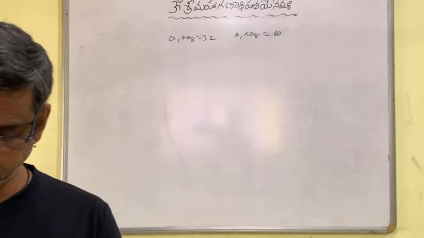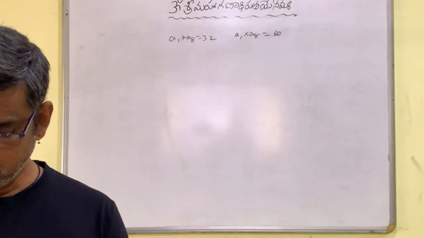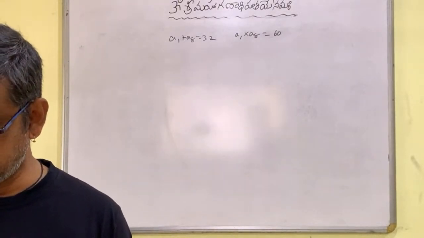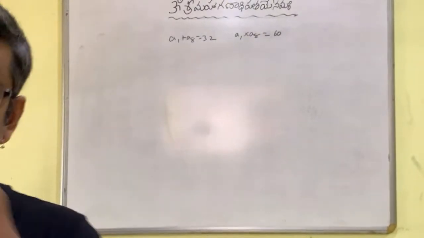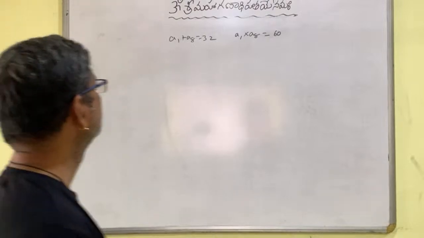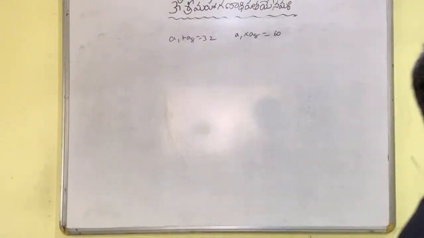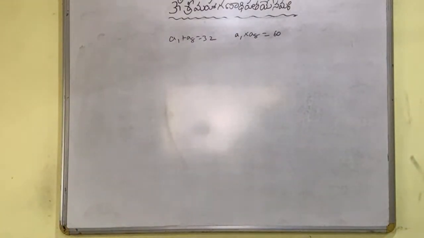Find the first term, common difference of the AP, hence find the sum of its first 20 terms. A1 plus a8 is 32, a1 into a8 is 60. We need to find the first term, common difference and S20.